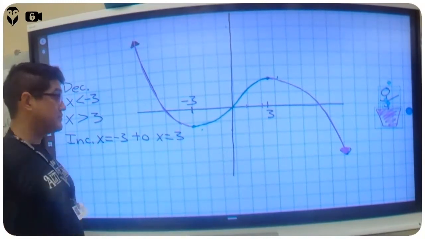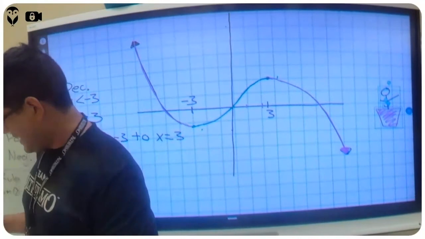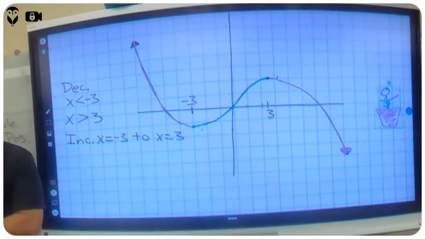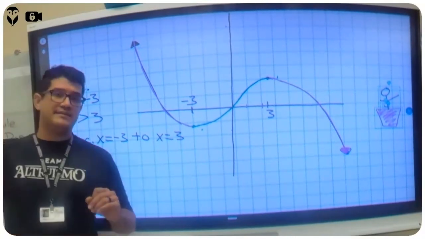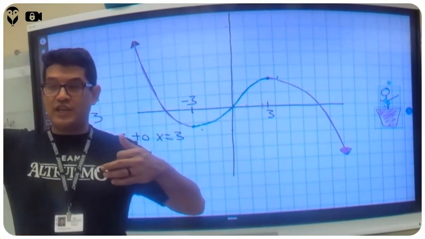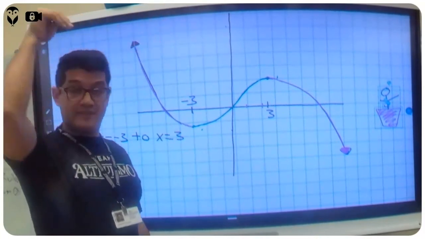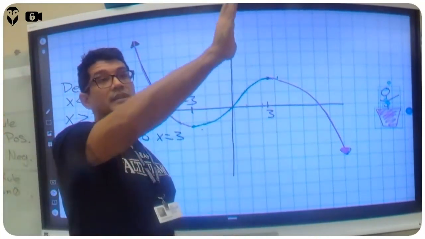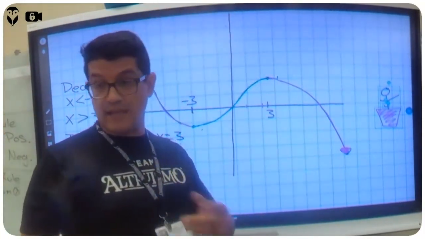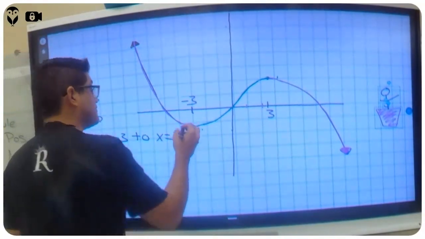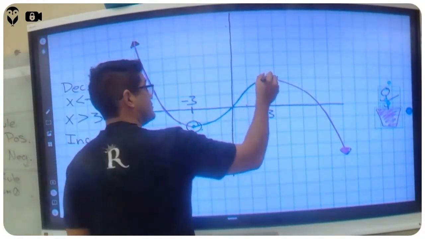Okay? Now, the other part of this is, what is the relative extrema or relative minima? Meaning, is there a place where it changes from increasing to decreasing, or decreasing to increasing? That does happen twice in this graph. Happens right here and right here.